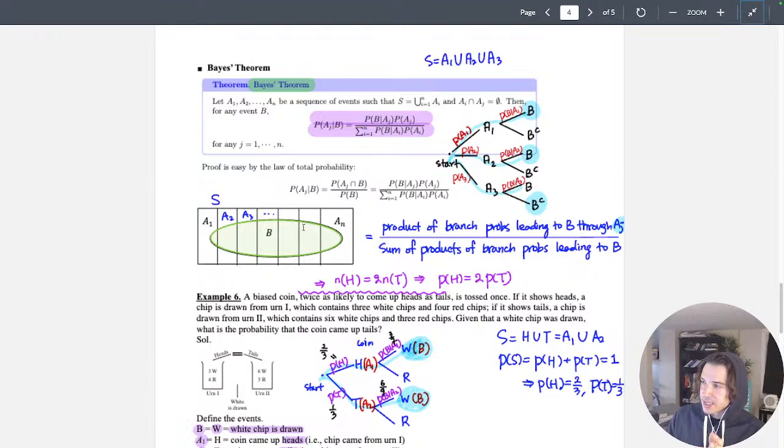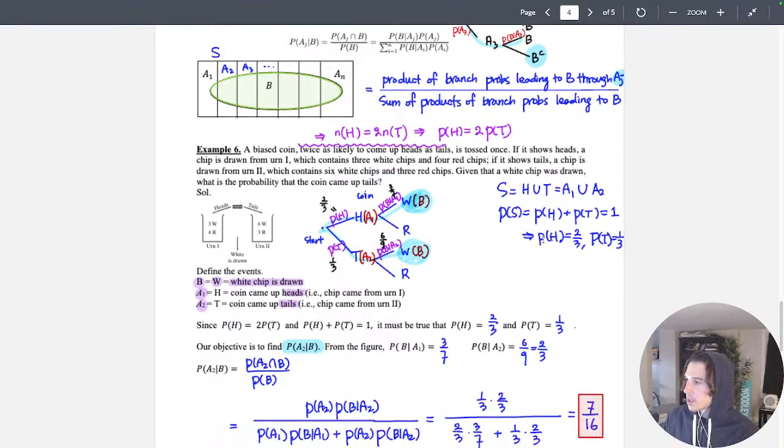So it makes sense that it would be pretty small when you're looking at that, and all this other stuff is going to be a lot more probable. A straightforward English way of thinking about it is: the product of branch probabilities leading to B through AJ, divided by the sum of products of branch probabilities leading to B.